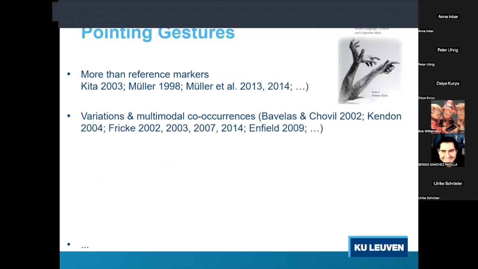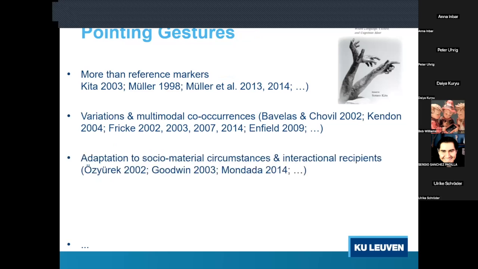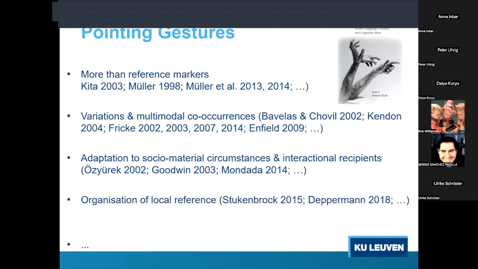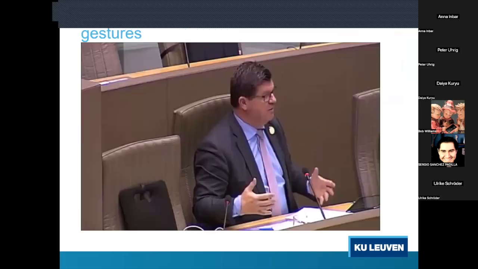A lot of things have been said about it, like variations and multimodal co-occurrences, or how these gestures can be adapted to socio-material circumstances or interactional recipients, how they can organize local reference, how to address or point to an addressee, as this nice example is showing you, and I will be talking about this example later on. This is a politician, a minister. At the end of a Q&A, he's using several pointing gestures, and I'm going to just single out a few.